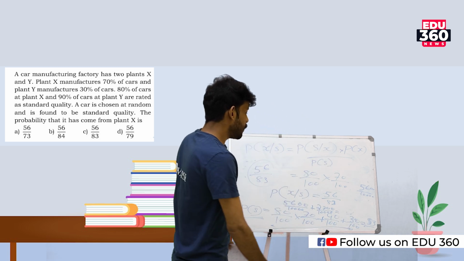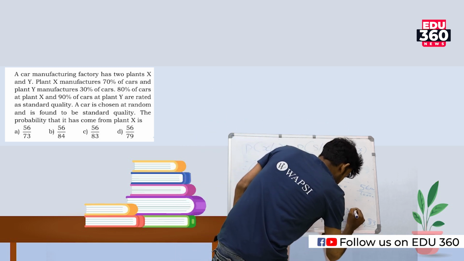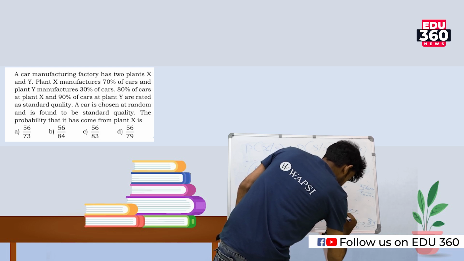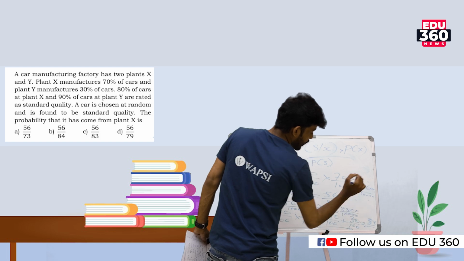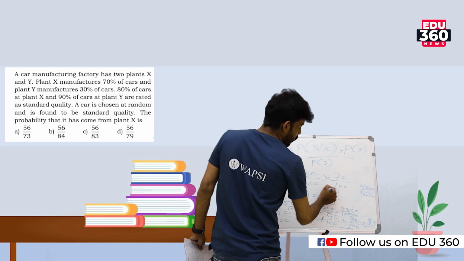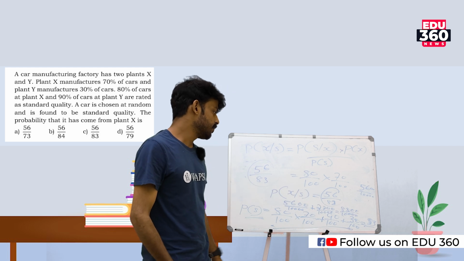Okay, so if you are going to add this, you will get, yes, so these 10,000 will cancel each other. So finally we will get 56 by 83.